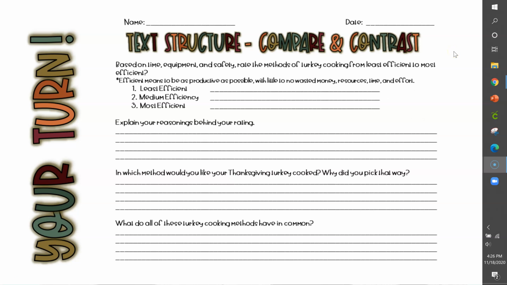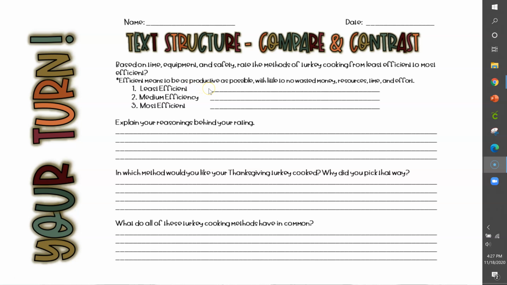Before I set you free to answer these questions, I want to talk about the first question on the second page. This question is asking you to rate the methods of turkey cooking from least efficient to most efficient. Efficient just means to be as productive as possible, with little to no wasted money, resources, time, and effort.